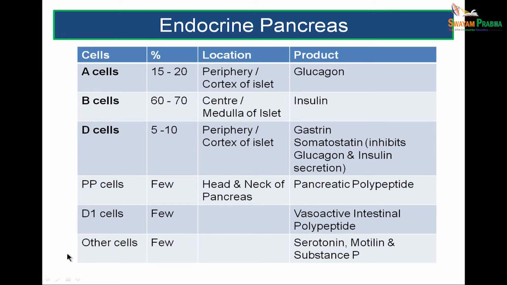A few other unnamed cells secrete serotonin, motilin and substance P. So, the most numerous cells in the islets of Langerhans are the alpha cells or the A cells, the beta cells or the B cells and the delta cells or the D cells. The alpha cells, I told you, secrete glucagon. The beta cells secrete insulin, which is very important in diabetic patients.